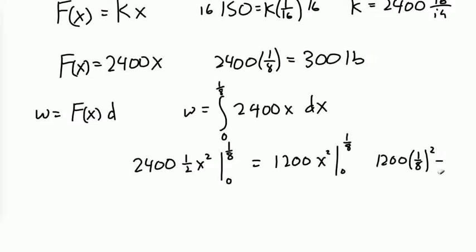So all this is going to be 1,200 divided by 64, which ends up being 18.75, and this is going to be inch-pounds, since our units were in inches the whole time.